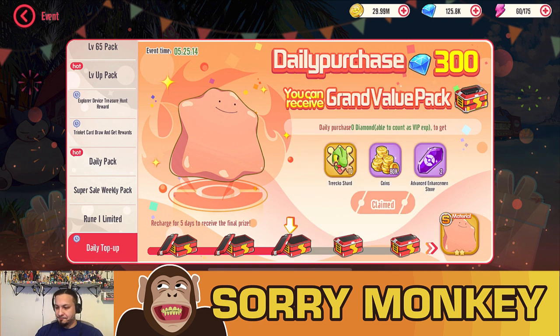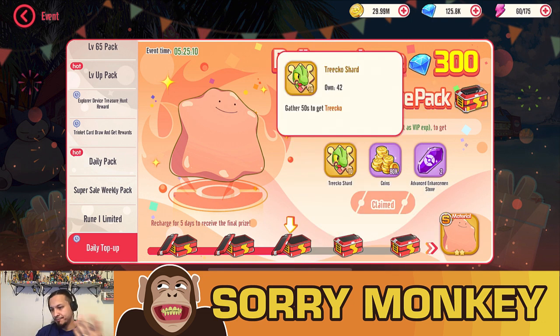Not nearly as valuable. And you get pieces for an S rank Pokemon, where in Monster Evolution Go you get S plus. So some of the grindy events in Monster Evolution Go are more rewarding, right?